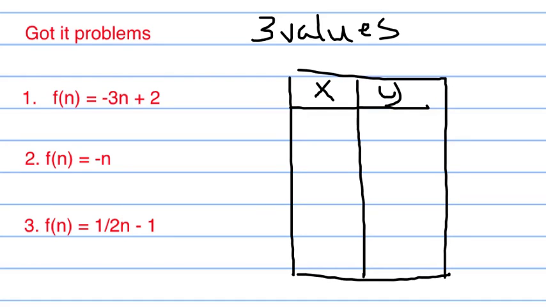For example, for the first one, if I choose the value 1 for n, then I'm going to take negative 3 times 1 and add 2 to get my output. So negative 3 plus 2 would be negative 1. So what I want you to do is set up 3 little tables like this. Choose at least 3 values. You could do 4 or 5 would be nice. And then set up your function, and we'll take a look at these then tomorrow. Have fun.